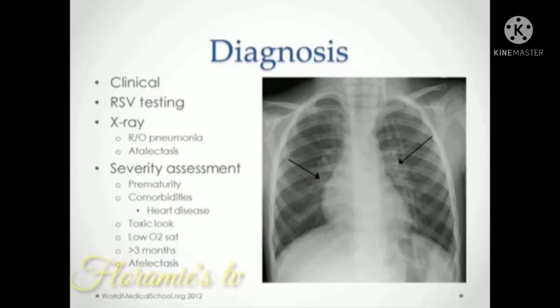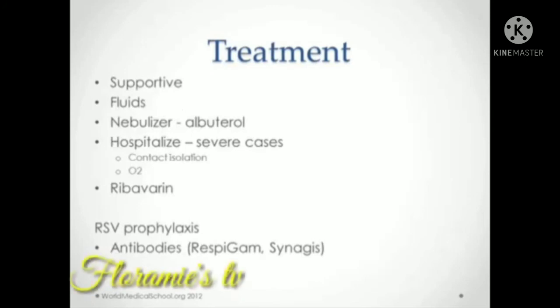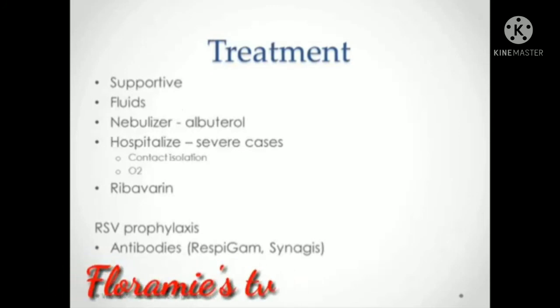If the baby is premature, or has comorbidities including heart disease, especially immunodeficiency disorders, that's going to make this a severe case. If the kid looks toxic, looks really sick, has low O2 saturation, or is under 3 months of age with atelectasis like we mentioned, that's going to put them in the severe category and change the way we treat it a little bit.